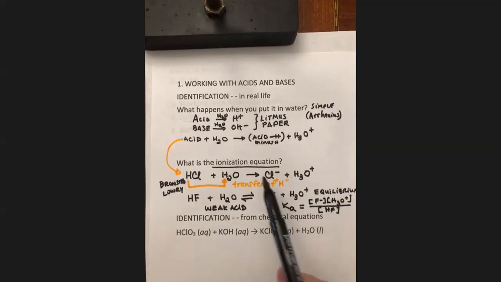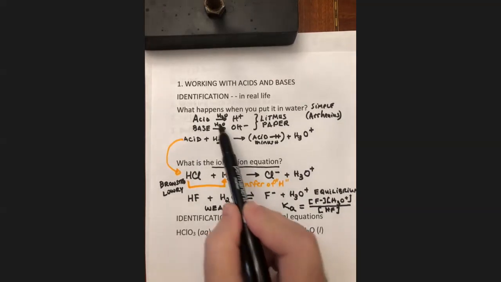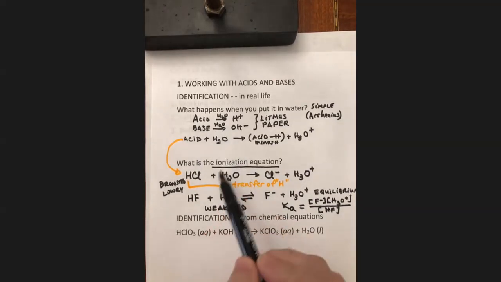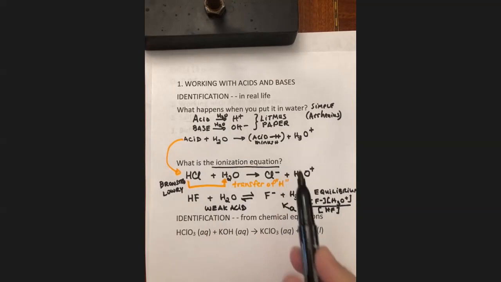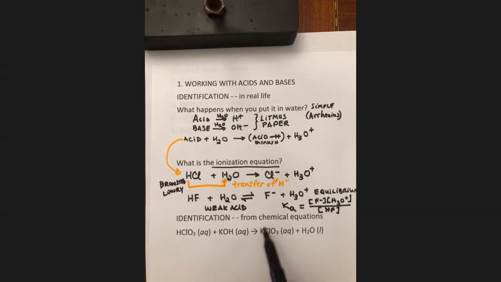So the ionization equation is a way of representing chemically what happens when you put an acid or a base in water. Now, I'm focusing on acids today. I don't want to take us in too many directions here. Now, it is very important that you have the skill to look at a chemical equation and identify who is the acid and who is the base.